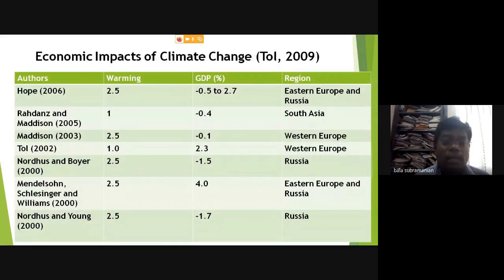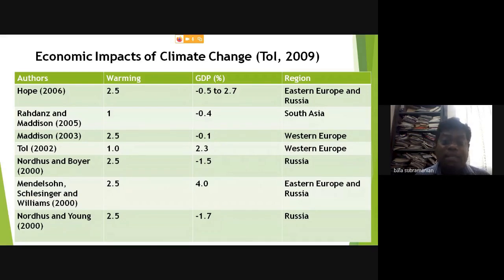Another one I took from the American Economic Review, one of the topmost journals in the economics discipline. On the economic impact of climate change, Charles Dole is one of the famous environmental economists.